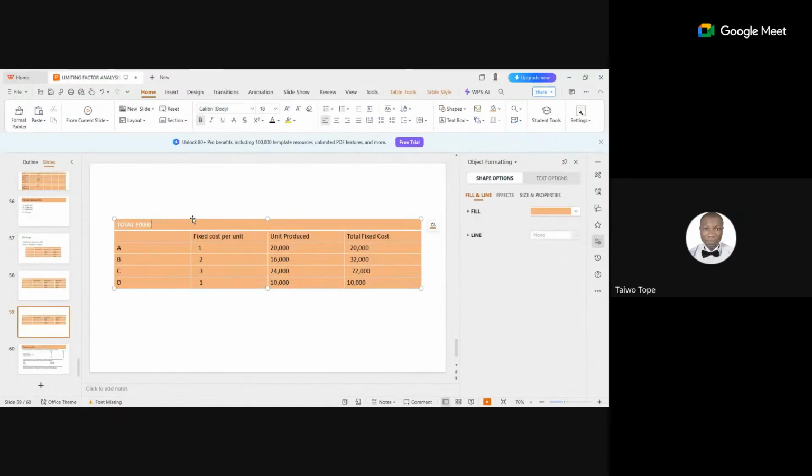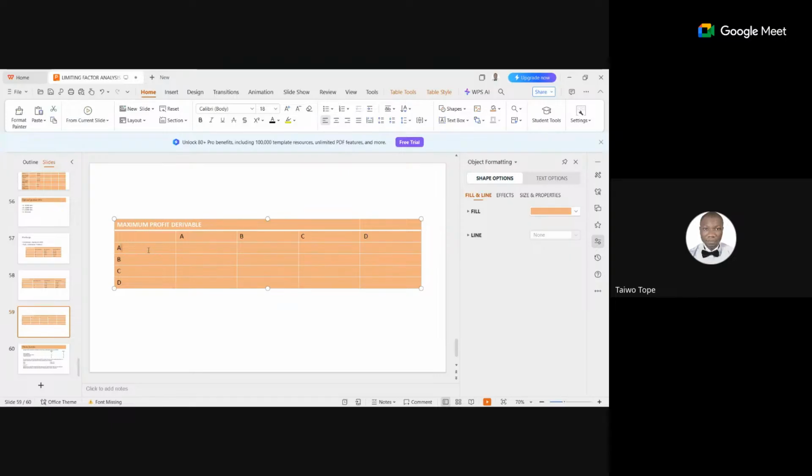The maximum profit derivable. We have the products A, B, C, and we have D.